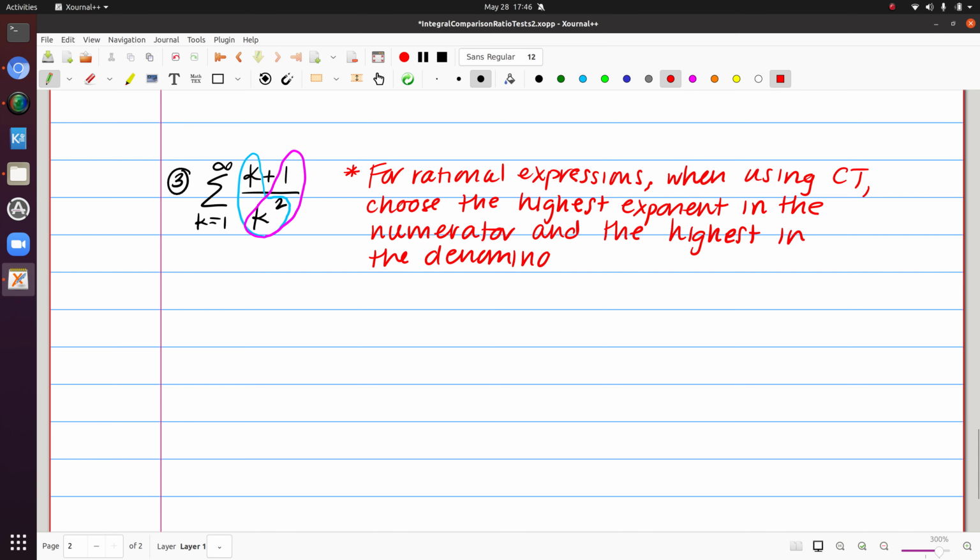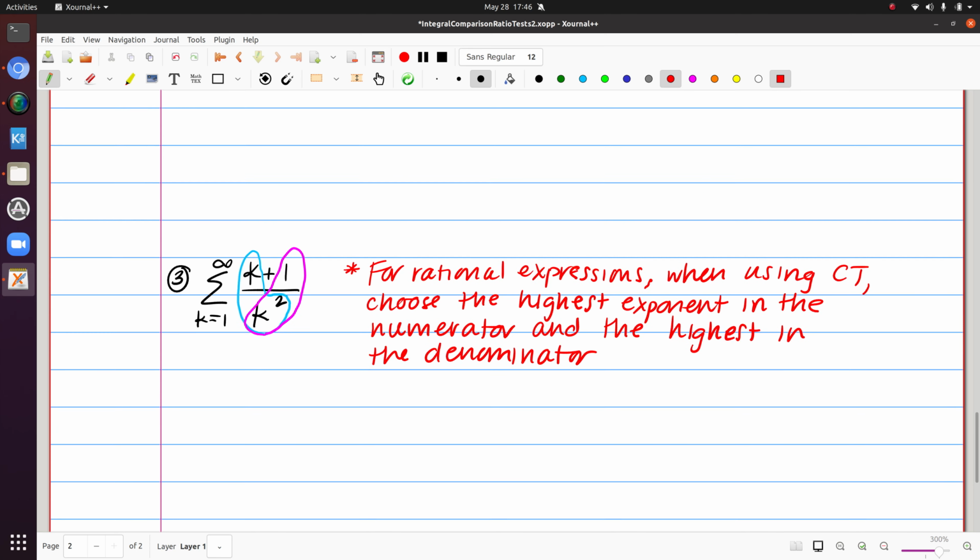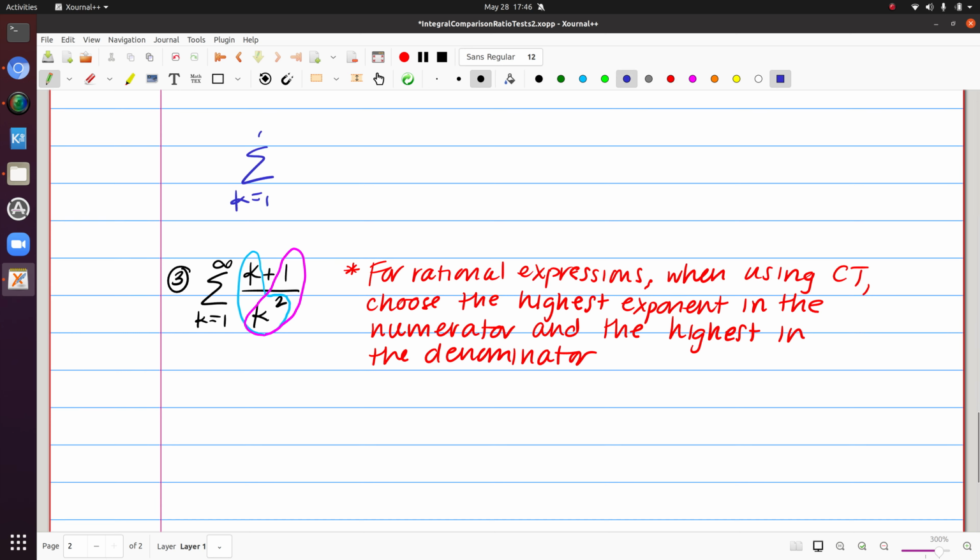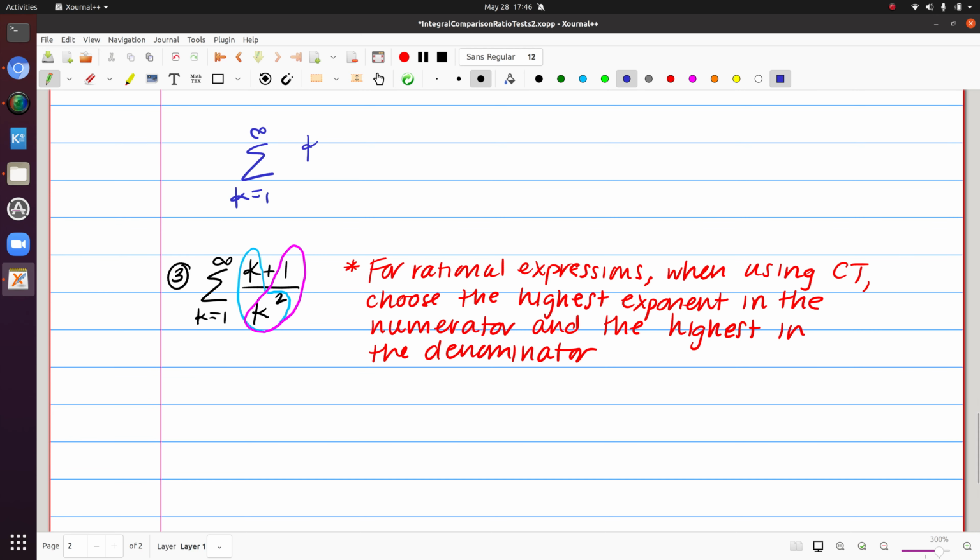Okay, so what do I mean by that? Here there's not a lot of choice, but just to look at this, if we had something of the form k squared plus k plus 1 over k cubed plus 2, if I wanted to think about the most reasonable thing to compare to, what I'm going to focus on is the biggest exponent in the top and the biggest in the bottom.